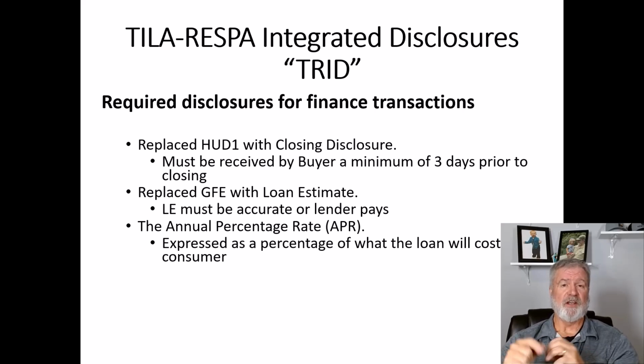In fact, I'll just tell you, whatever the lender put on that loan estimate, if the costs actually are more than what they put there, the lender will have to eat that cost. Okay? Because they can't charge more than they put on their loan estimate. All right.